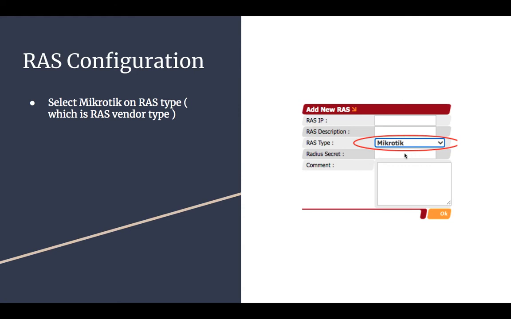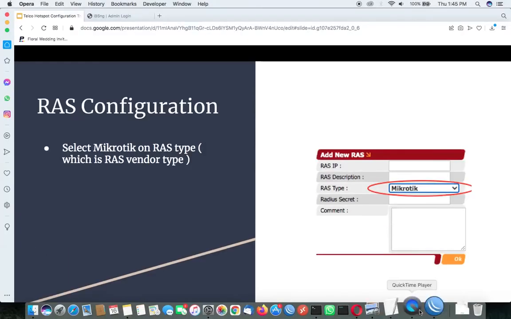When you say add new, make sure you type the correct vendor that we are using here. We're using Mikrotik. Then put the RAS public IP. Describe the type, the site that you are also configuring. If it's Pomona, just type hs_Pomona hotspot. Then also put the radius secret there. The radius secret is very important because it has to be the same as what is in the router.